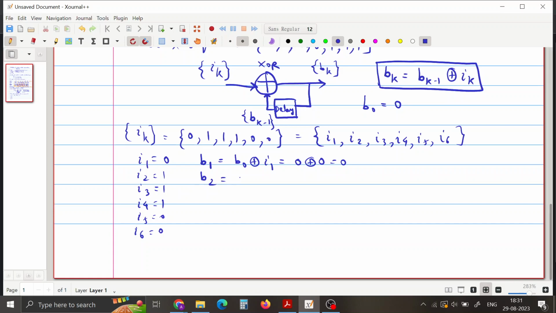Similarly, B2 will be B1 XOR I2. B1 you calculated to be 0, XOR with I2 which is 1, so you get 1. Now similarly B3, it's a recursive process, right? So you get 1 XOR 1, which is 0.